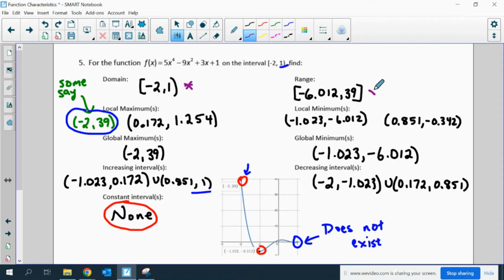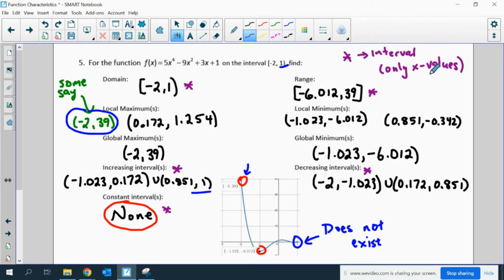One final thing that we want to talk about: everything that I'm starring in purple is an interval. So those only include x values. X values are included in intervals.